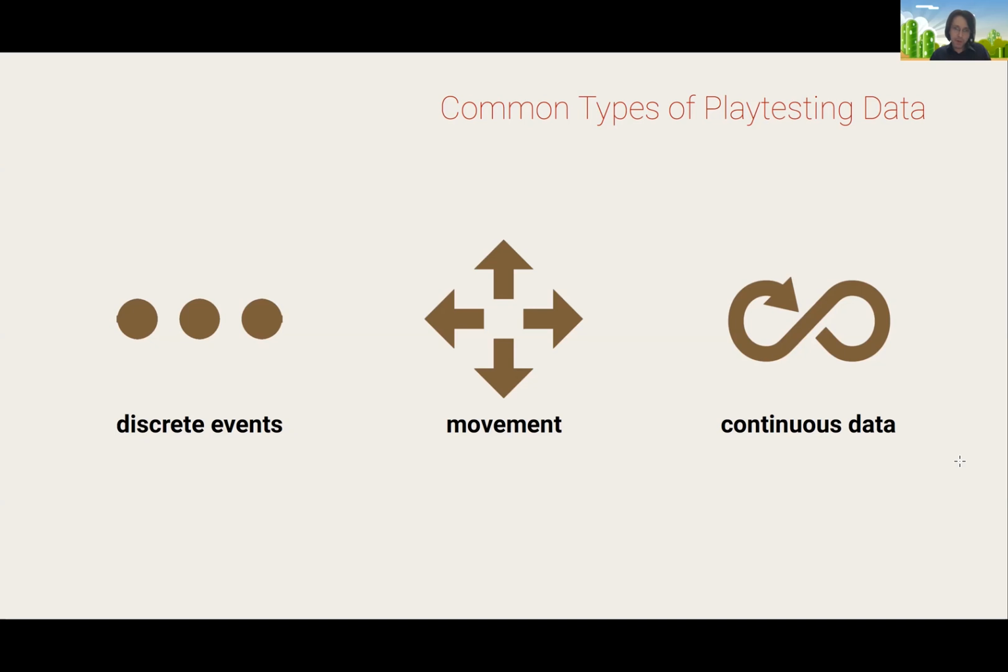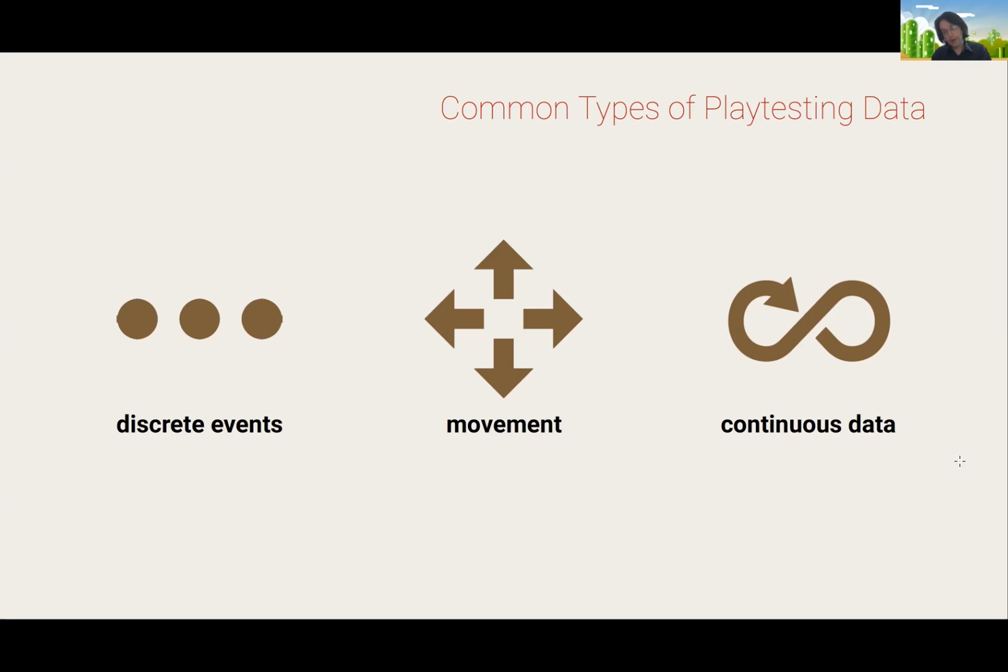Secondly, there is movement data, which I listed separately here because it's so important in so many games, because most games have a spatial component or movement-driven gameplay. And the third type of data is continuous data, so data which changes frequently in the course of the game. This could, for example, be the health of the player.